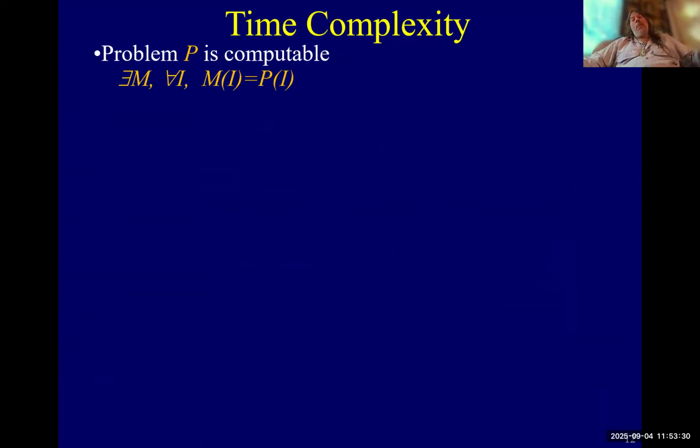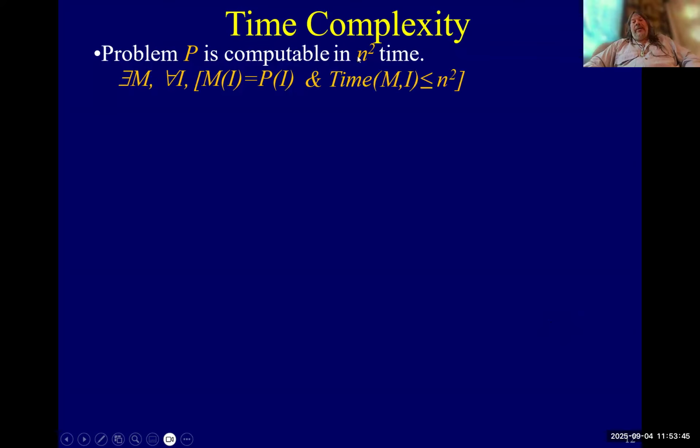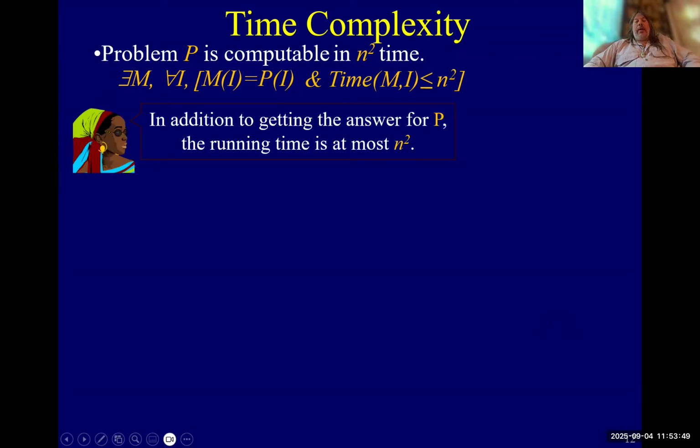All right. So let's talk about time complexity for a minute, just to work it in. We want to say not only is P computable, but we might want to say it's computable in n squared time. And so here's the game we're going to add. Now you might say here there's an n, and n's not talked about anywhere.